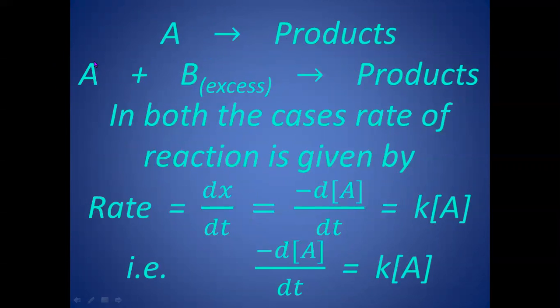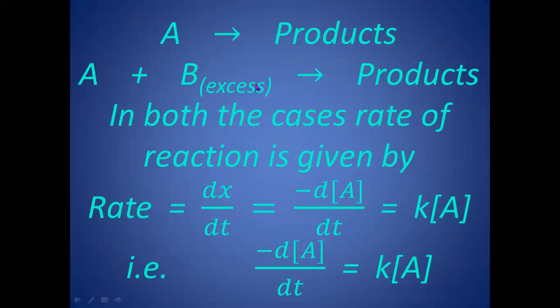Either A is in excess or B is in excess. Here B is taken in excess. Then what happens here? Because we need a change in concentration of reactants. But when one of the reactants, B, is taken in excess, it means its concentration will not alter much.